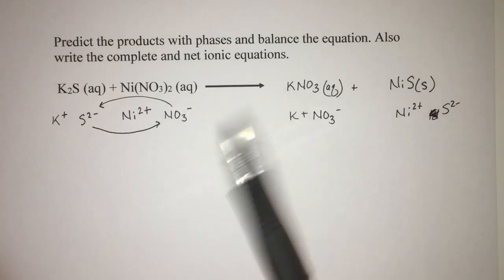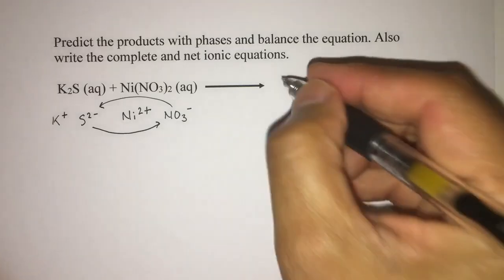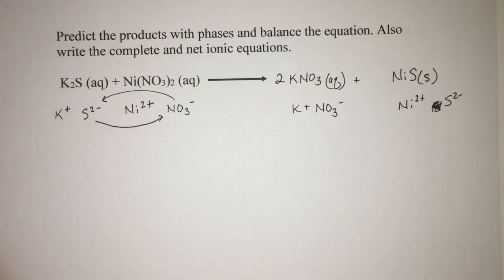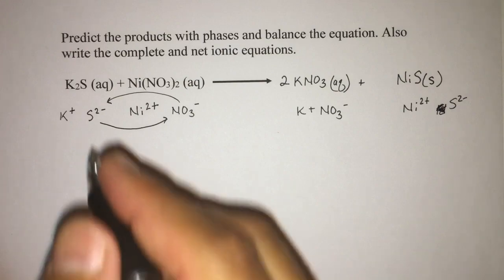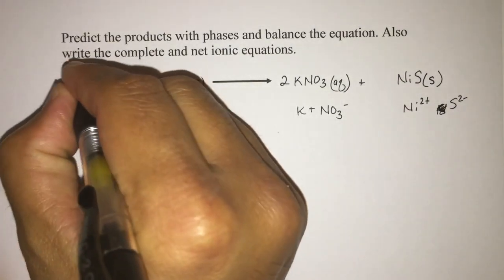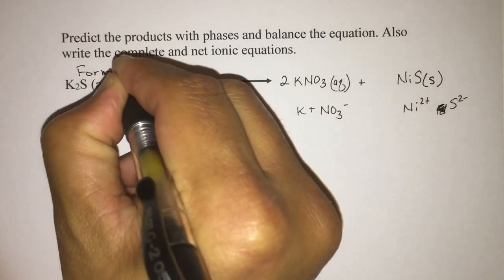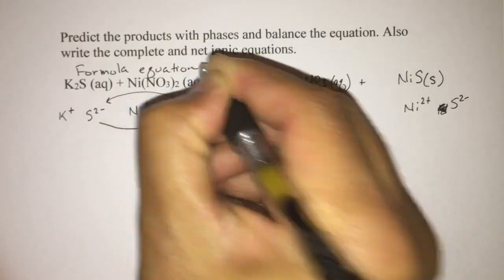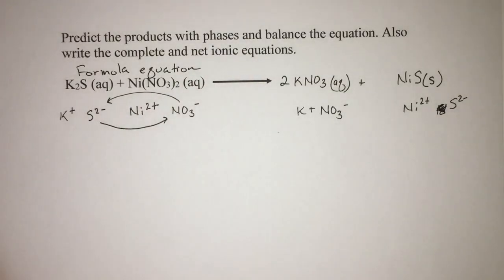Over here there's 1 nitrate. So we'll balance by writing a 2 in front of the potassium nitrate. And so what we've done here is write down the formula equation.